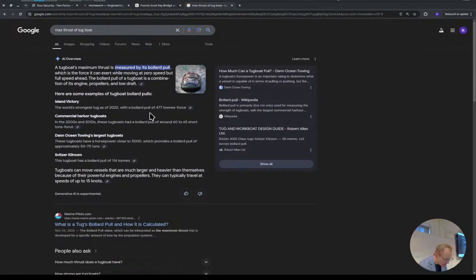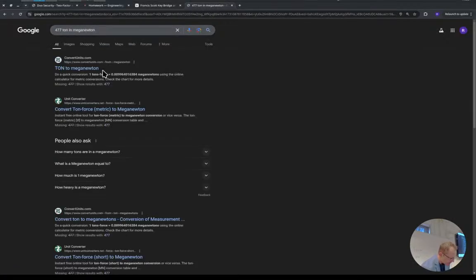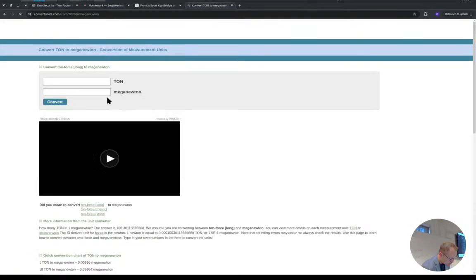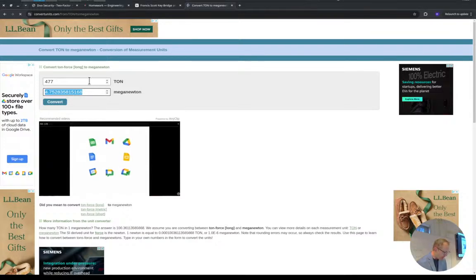A bollard pull of 477 ton force, so 4.8 meganewtons.